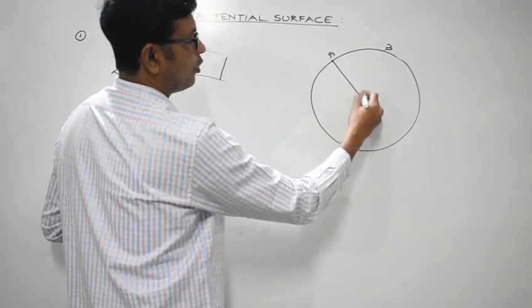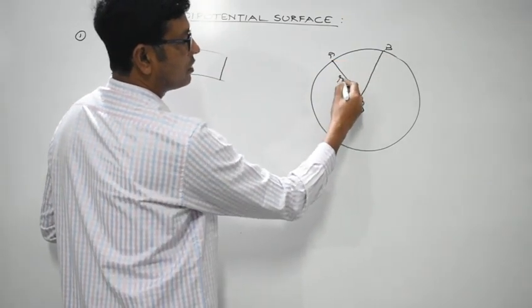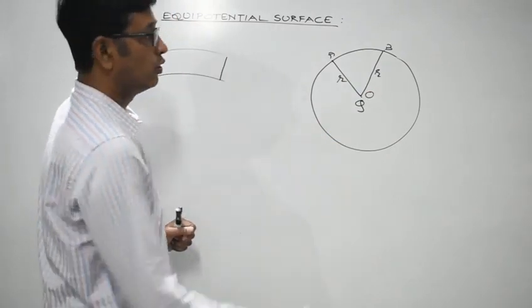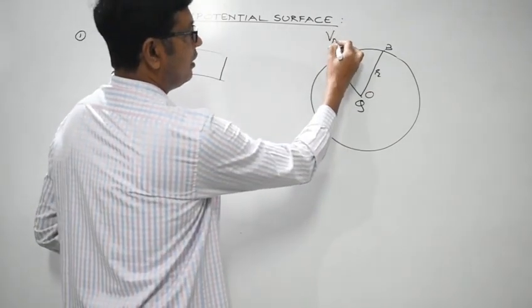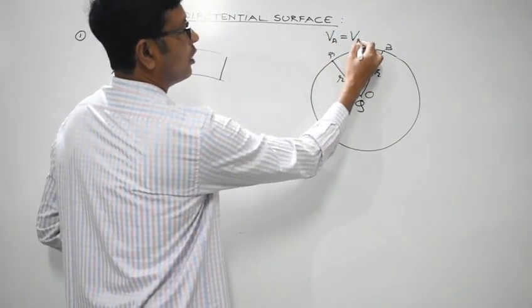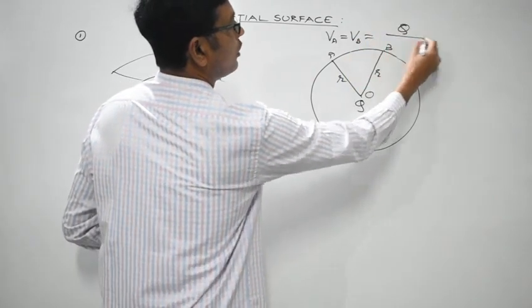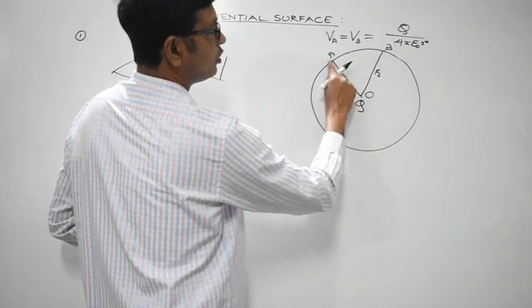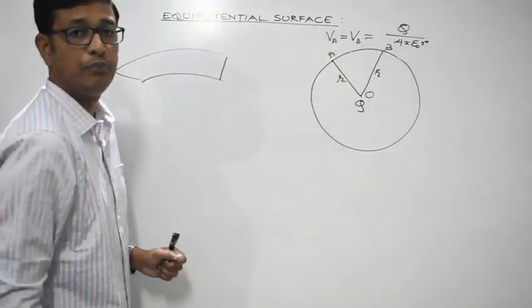So point A and point B both are obviously at the same distance from the source charge which is located at the center. So the potential at point A must be equal to potential at point B, each being equal to Q over 4 pi epsilon r. Therefore, these are the 2 points which are having the same potential.